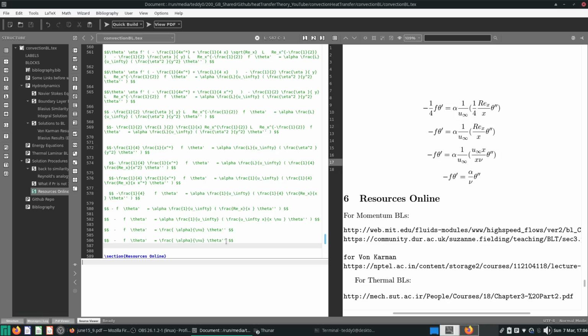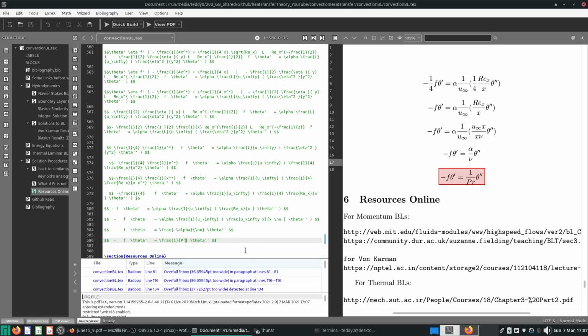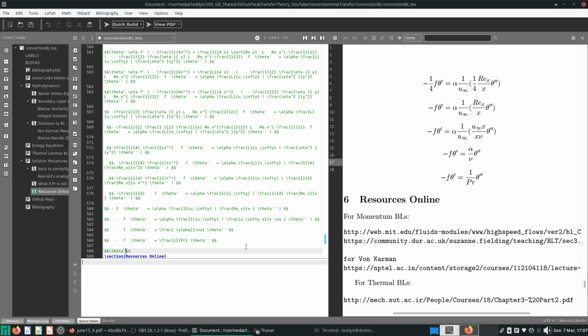So let's just call this 1 over the Prandtl number. And we'll just condense this equation together in the following form: theta double prime plus Prandtl f theta prime equals 0.